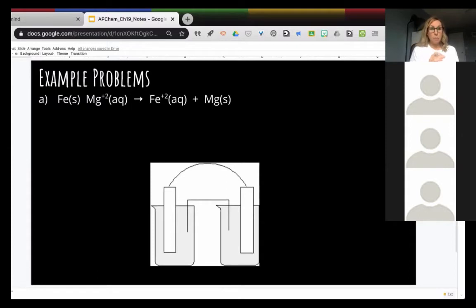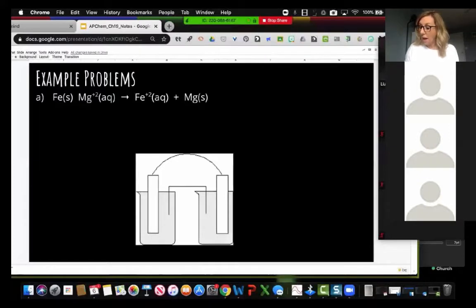Okay, so this is what we mean. This is our first example. In order to do this, we want to first figure out, is this potentially a spontaneous reaction? To do that, I have to split it up into its half cells. As written, this is what it would be set up as.